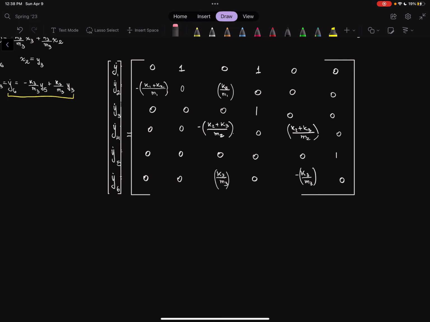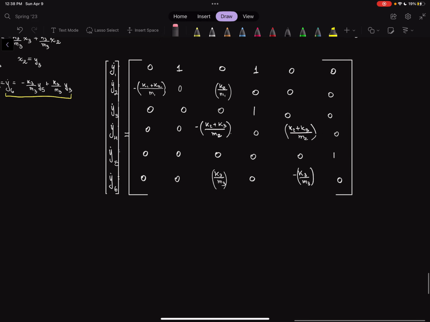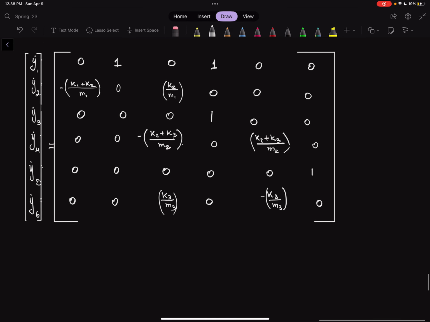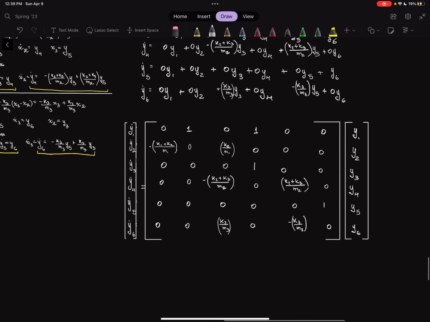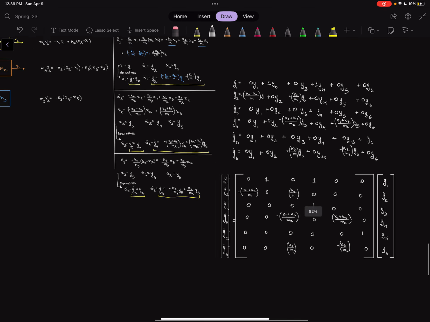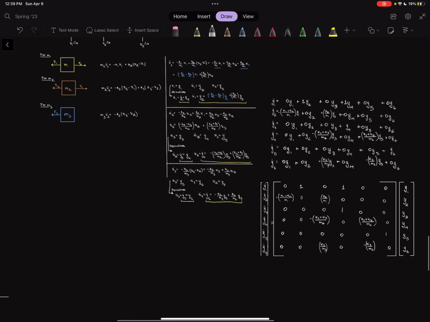Okay. And then here I'm going to write another matrix with all those original variables. So here, let me make some open space. And here we get y1, y2, y3, y4, y5, y6. Now, which ones were we interested in?